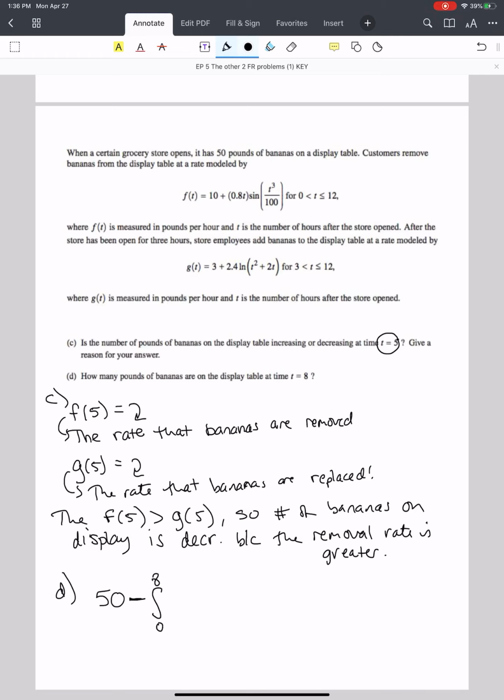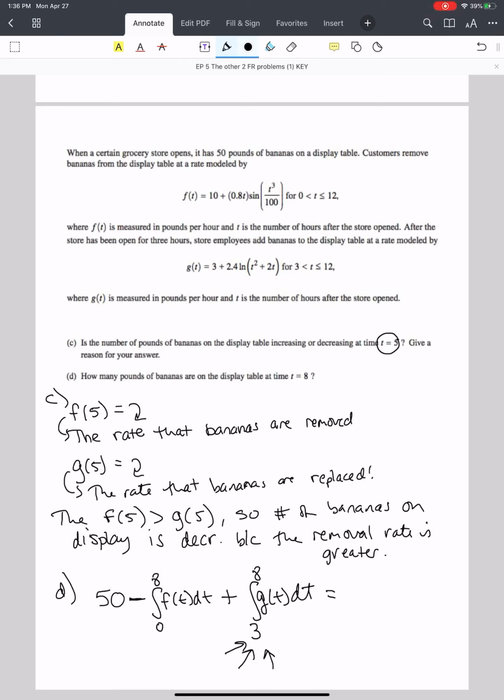These are the bananas being removed, and that would be f of t. But then they're being replenished, and this is g of t dt. And I don't want to put 0 here because they don't start replenishing them until 3. So make sure you put a 3 there.